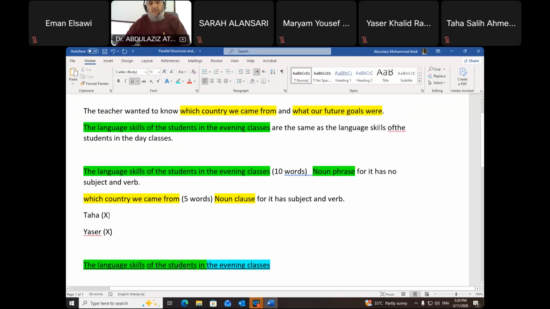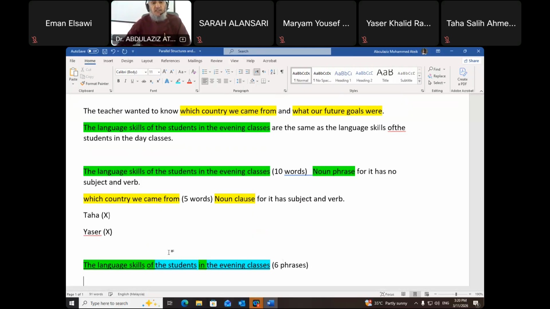Number 5, the students. So all these are phrases. So we have 1, 2, 3, 4, 5, 6 phrases. This one long phrase contains 6 other phrases.